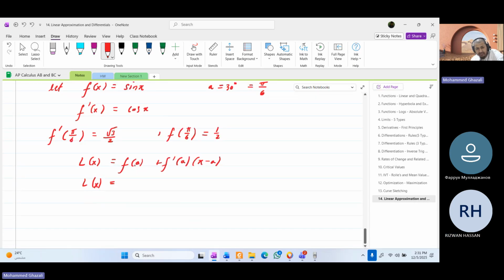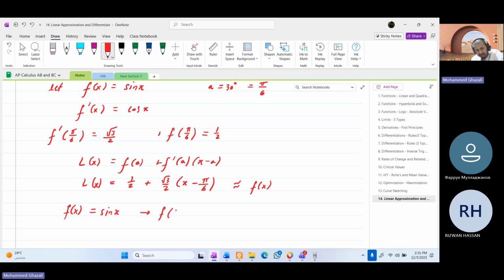So what's f of a? L of x is half plus root 3 over 2 times x minus pi by 6. This is an approximation to f of x, and f of x is equal to sine x.